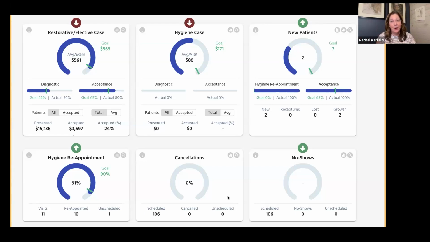Hygiene case acceptance. How good are we with our hygienists at getting patients to say yes to their hygiene needs? When I observe a practice, I'm in a corner, and some people don't even know I'm standing there listening to everything. I'm listening to how a hygienist pre-presents to a patient whatever they're seeing on photos, x-rays, anything.